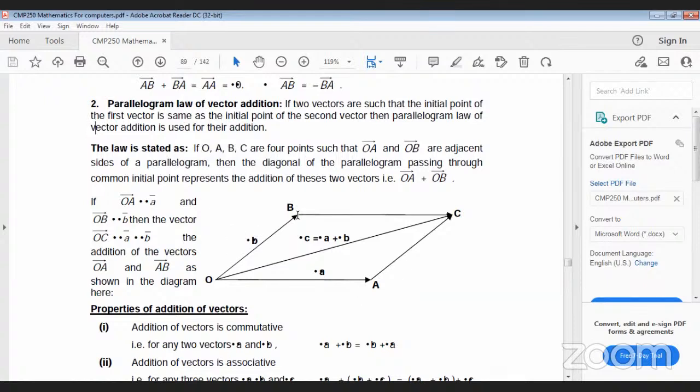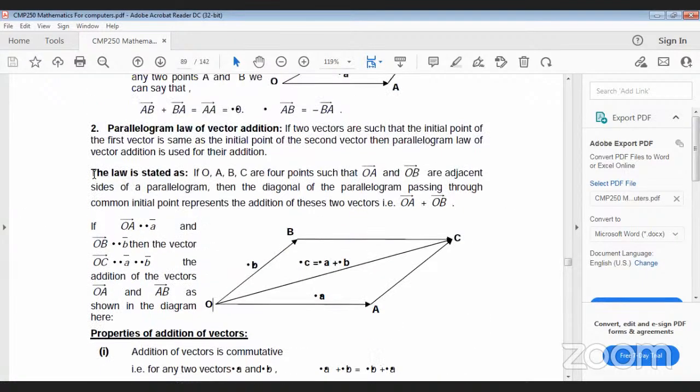O, A, B, and C are 4 points such that OA and OB are adjacent sides of a parallelogram. Then the diagonal through the common initial point represents OA plus OB. So OC will be OA plus OB. That is, C equals A plus B. That is the parallelogram law of addition.